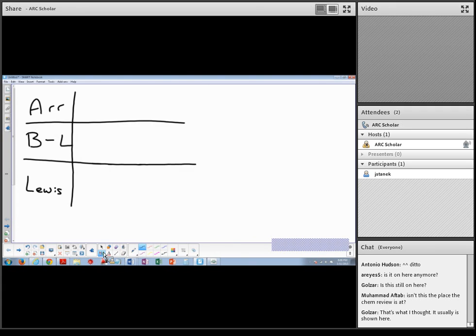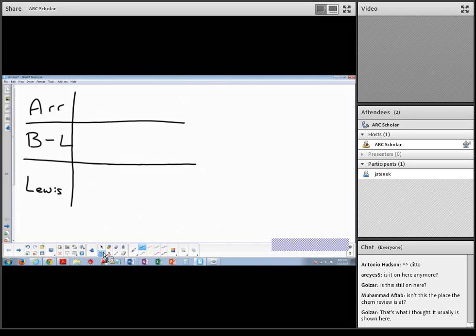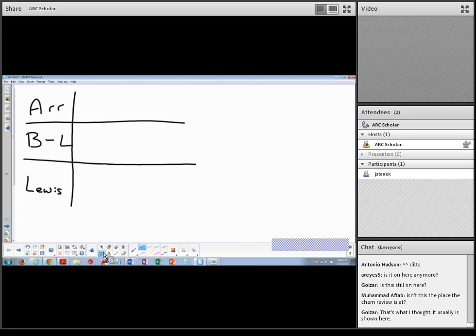What that allows us to do is encompass more compounds as acids and bases. I'll show you examples so you see what we mean. So with our three definitions, we start with Arrhenius.